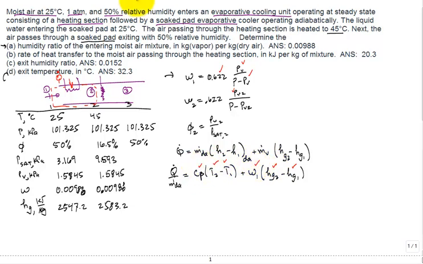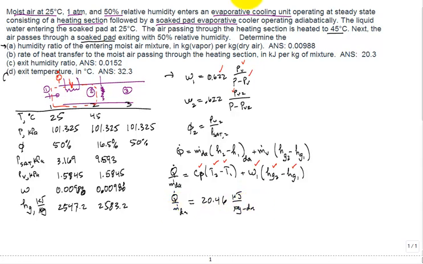So we can calculate the Q dot divided by the mass flow rate of the dry air. That comes in at 20.46 kilojoules per what? Kilogram of dry air. Yeah, that's true, of dry air.